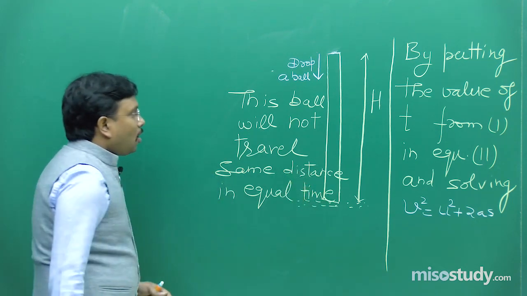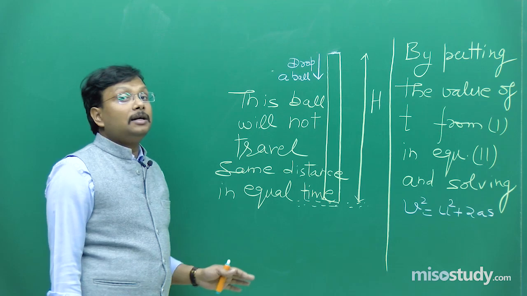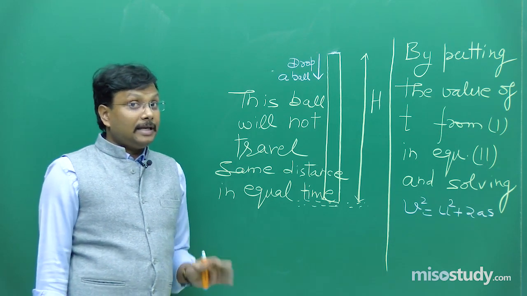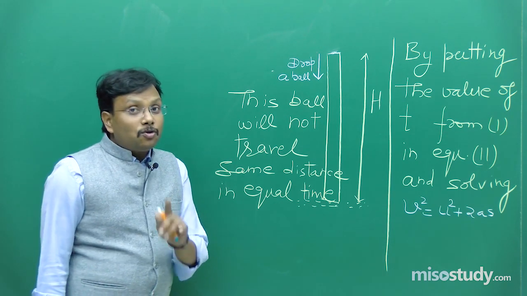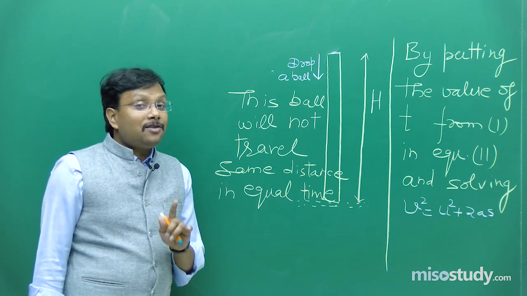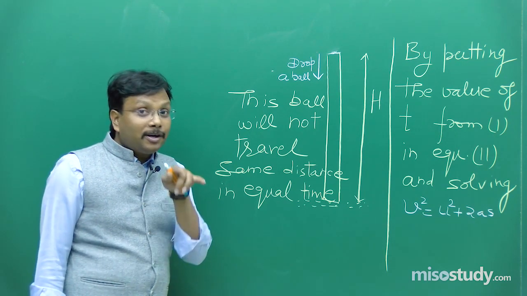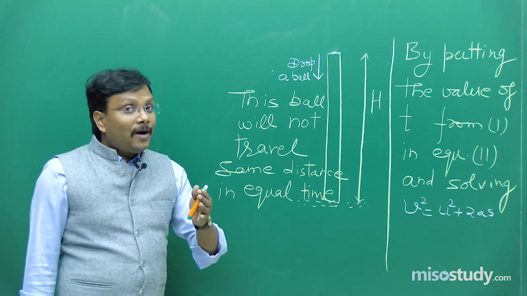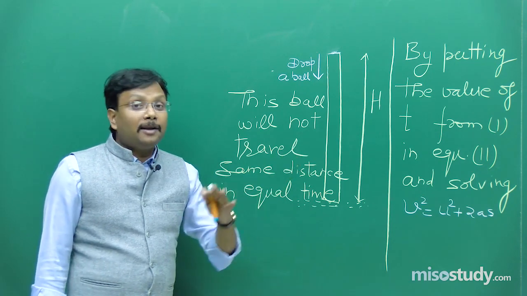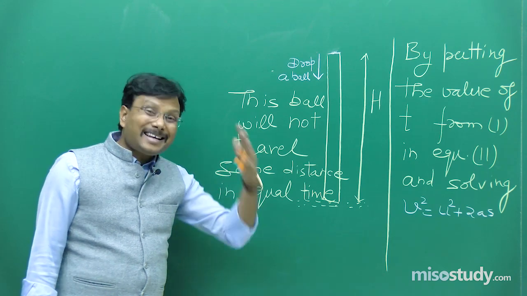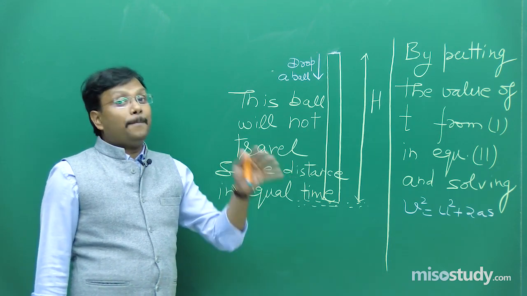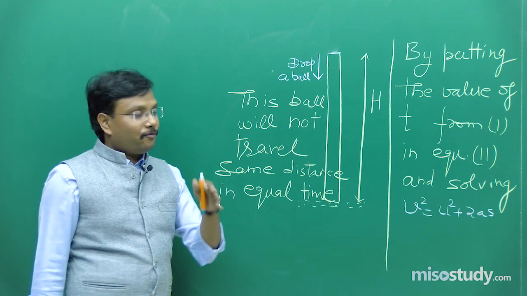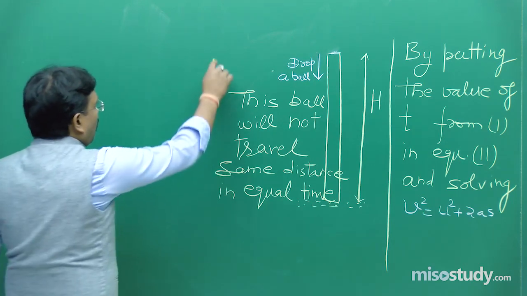Why? Because the ball is moving under the influence of gravity g. So you have to apply the equation v is equal to u plus gt, because it is moving downward, and u is 0. So v is equal to gt. After some time it is going to be v next is equal to v initial plus gt, and so on. So this is one situation.